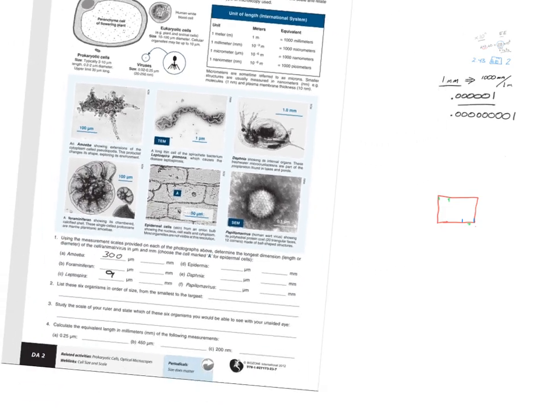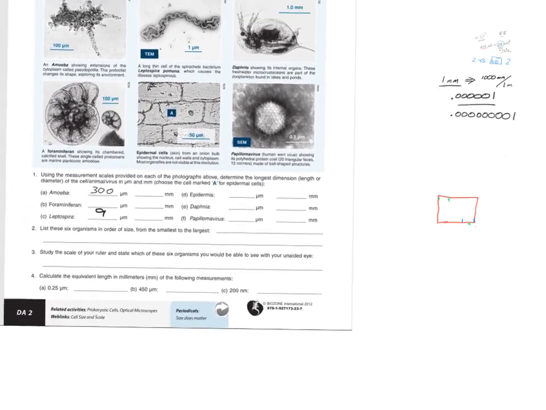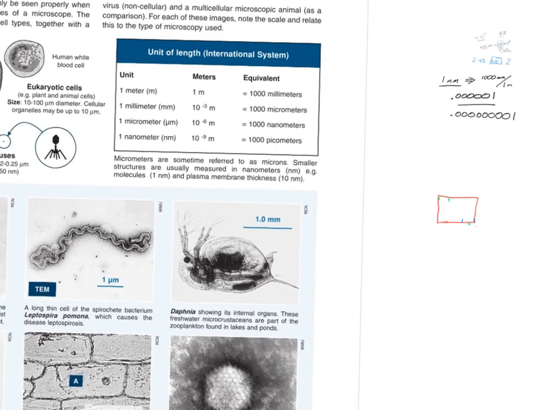What we know though is that 1 micrometer is equal to 10 to the negative 6 meters.